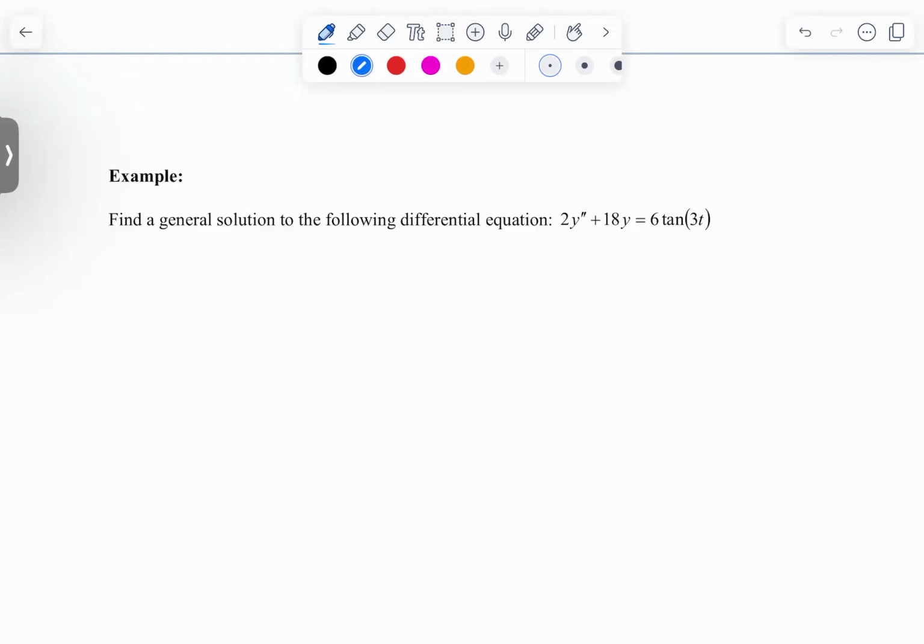Every time you have a cosine, you get sine and cosine, which means those ratios don't work. Tangent is a ratio, yes, but it's not a ratio that we can use to guess. Which means that we have to use variation of parameters here.